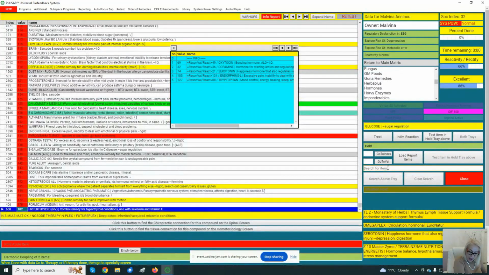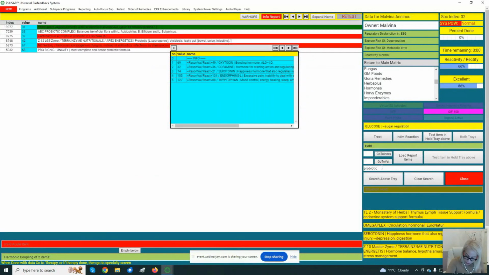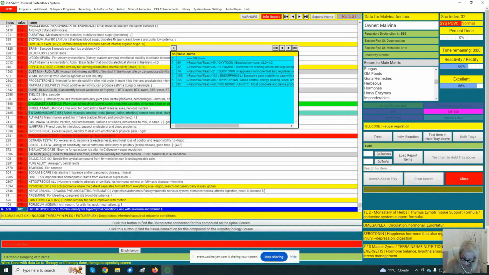Tryptophan. And probiotics, when you give probiotics to people, it helps with serotonin and dopamine levels as well, since they're working with digestive systems. So let's give a probiotic here, and let's also give some tyrosine.